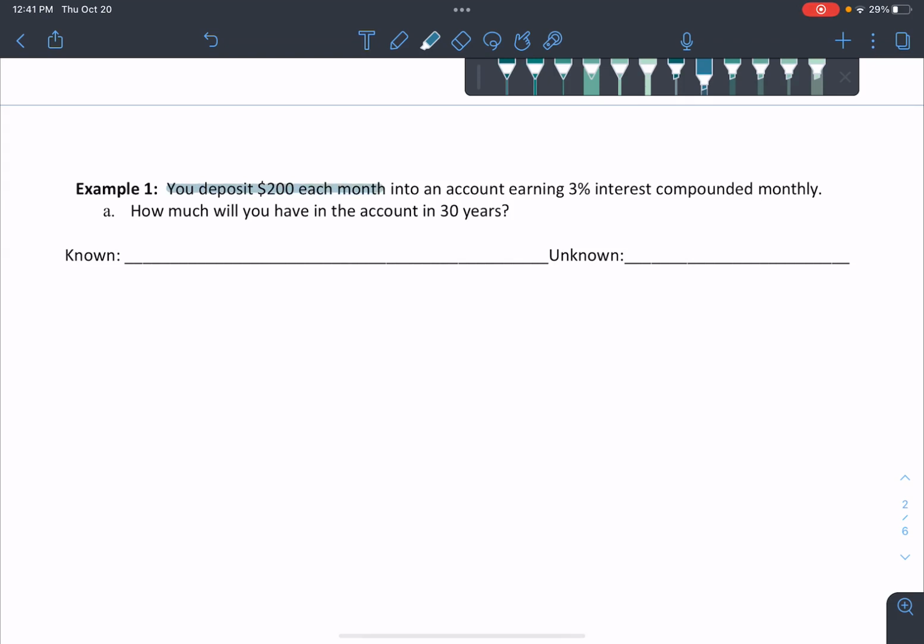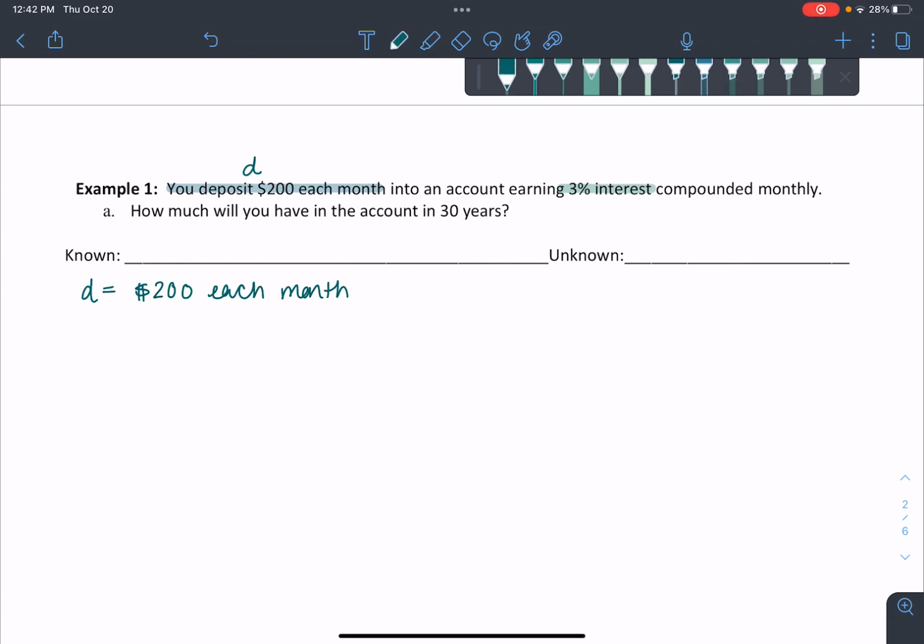So think about that to yourself for a second. What would the $200 deposited each month be? That would be my D, right? So we know that D equals $200 per month. Okay? Into an account earning 3% interest.